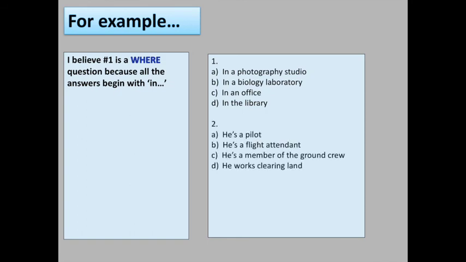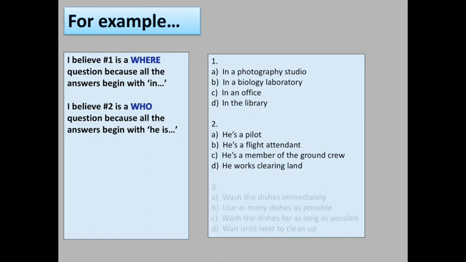Number 2. All of the answers start with the word he. So we can guess that number 2 is a who question. Finally, number 3. Here, all of the answer choices start with a verb.